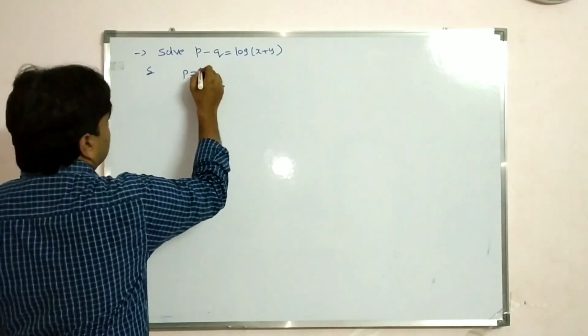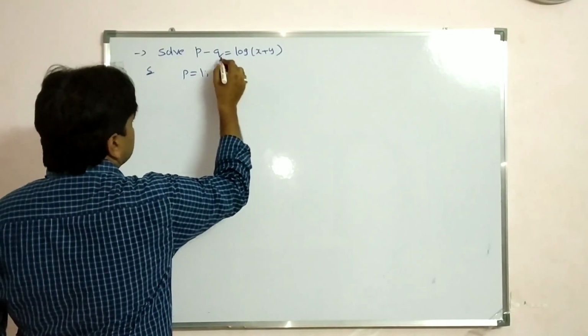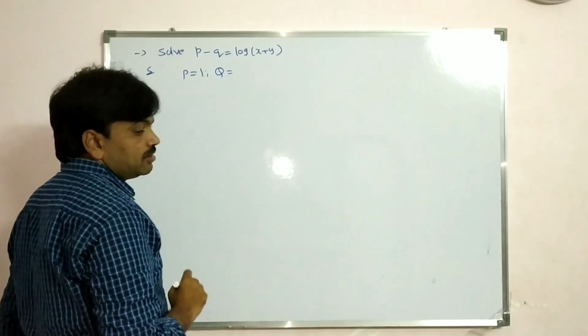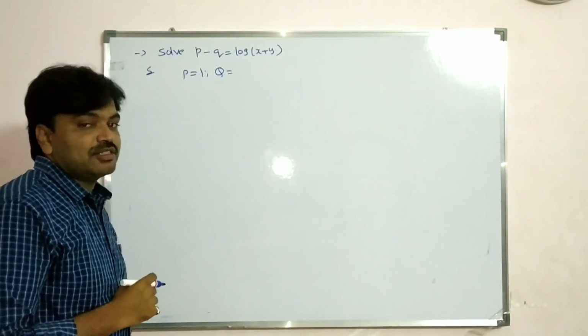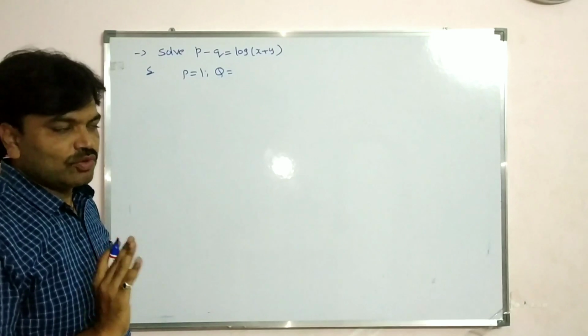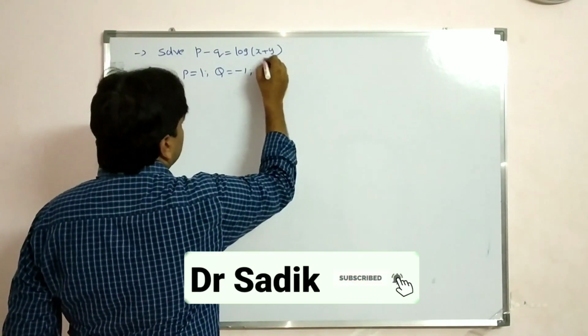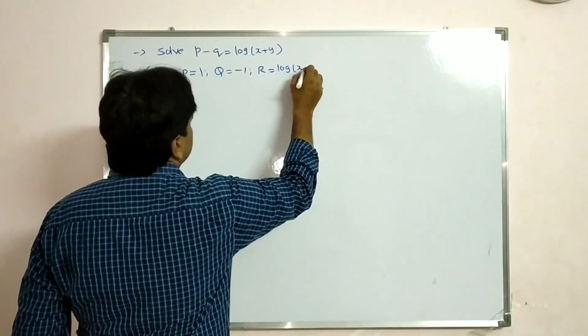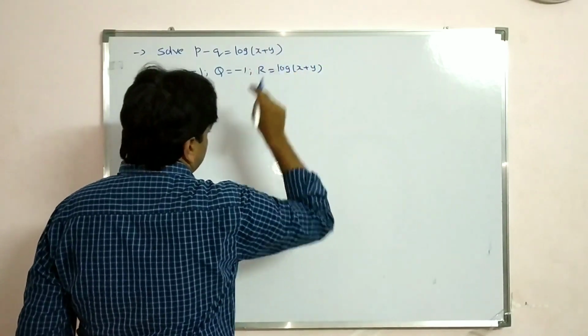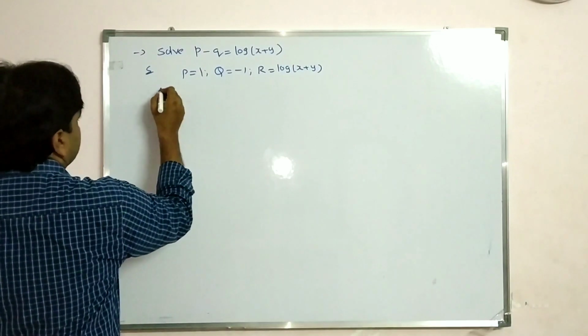Capital P value is 1. The capital Q value, is it 1 here? Most of you say it is 1. Is it right? No, it is minus 1. The R value is log of x plus y.